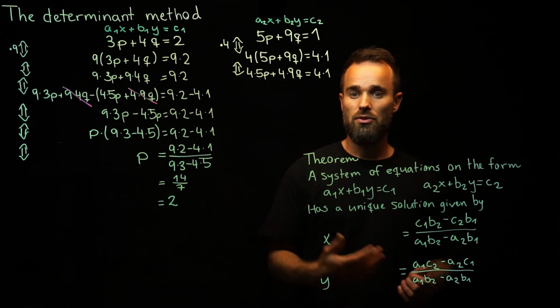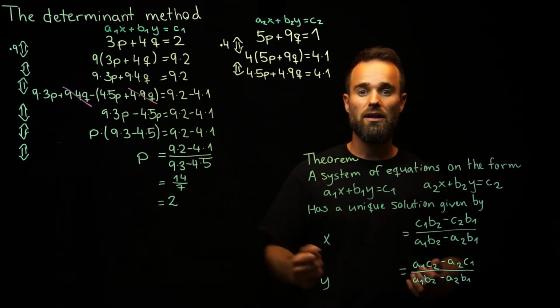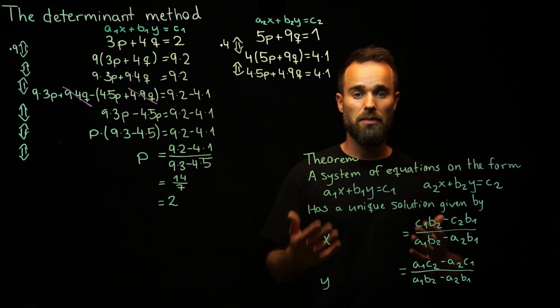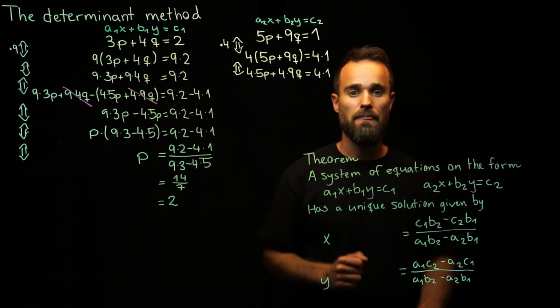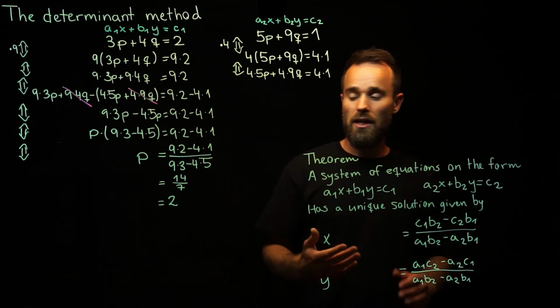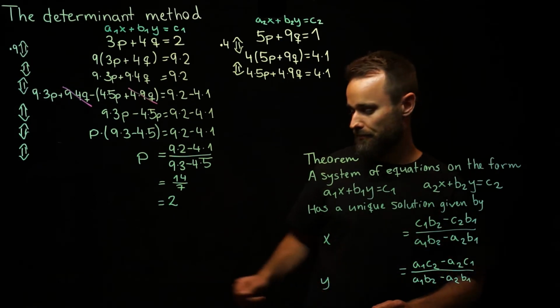Let's use the formula to calculate Q, corresponding to using the like coefficients method to eliminate P followed by isolating Q in the second equation. The denominator is the same, but the numerator looks a bit different.